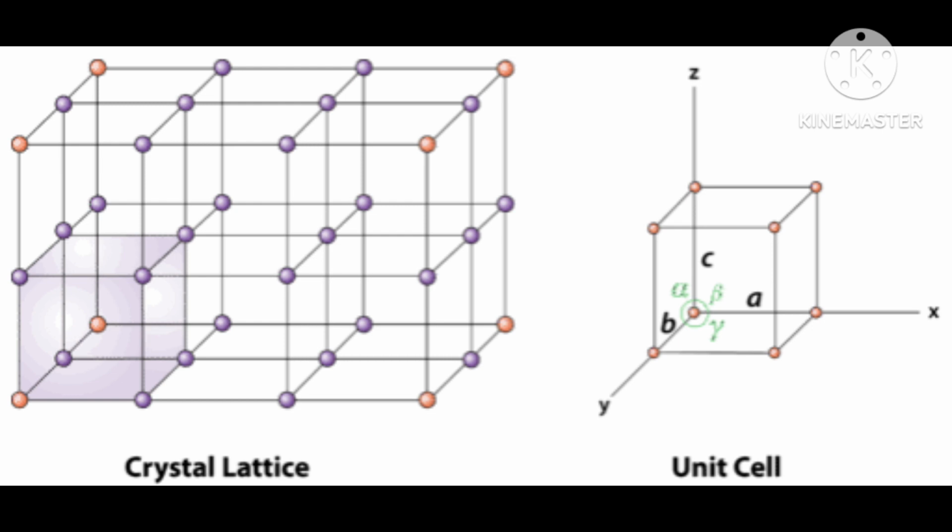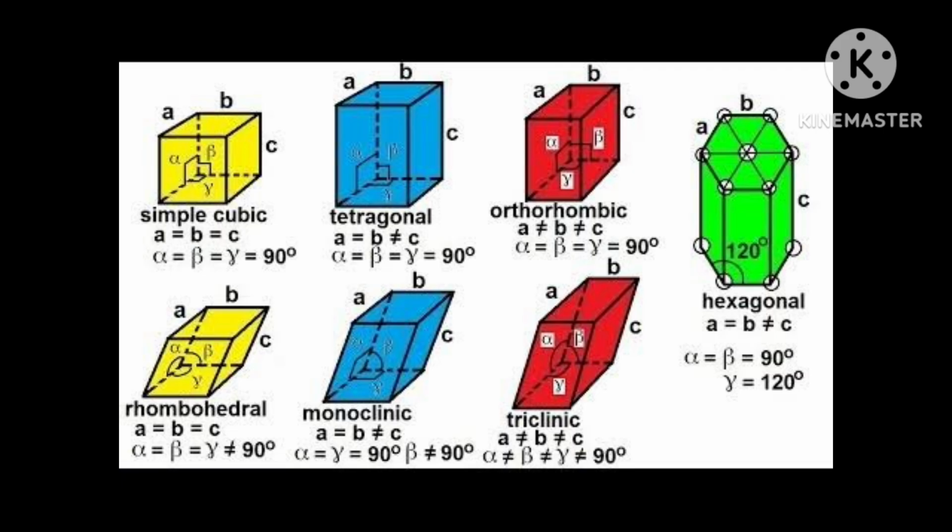Corners are already there; other than those corners, if some particles are also there somewhere, then it is called a centered unit cell, in addition to those at corners.